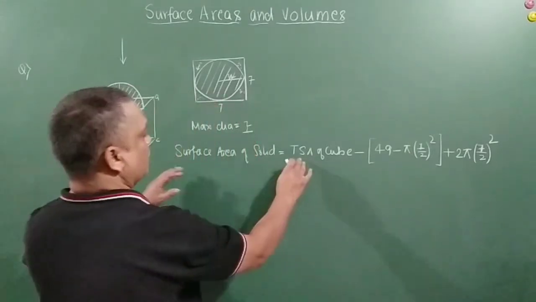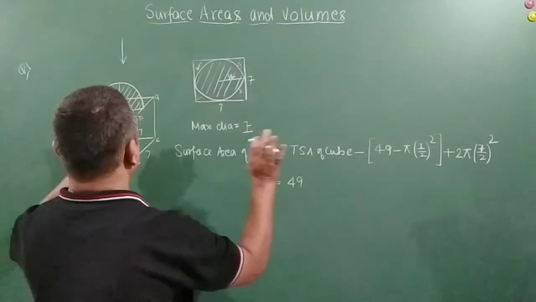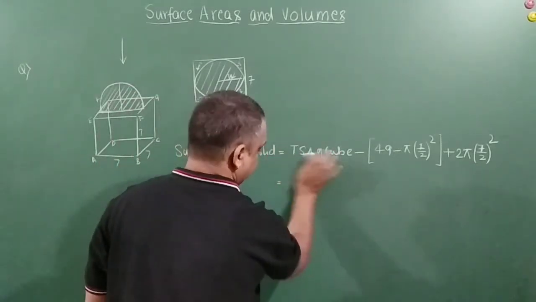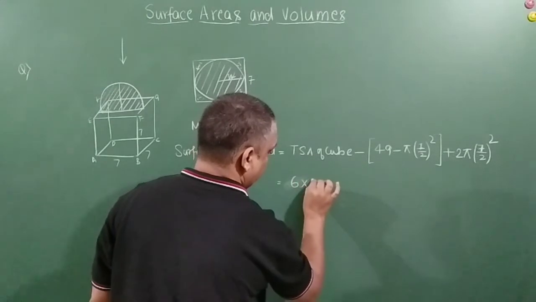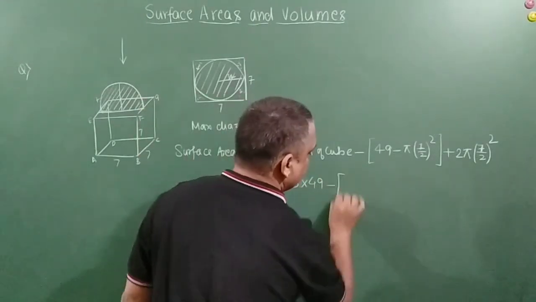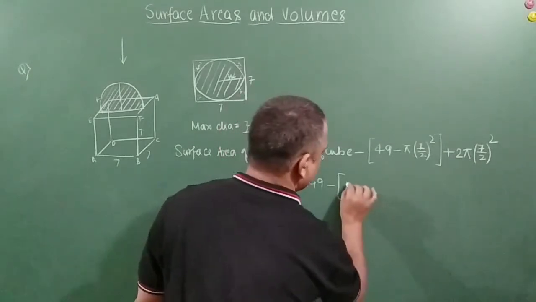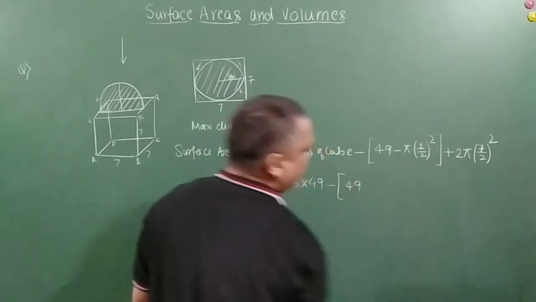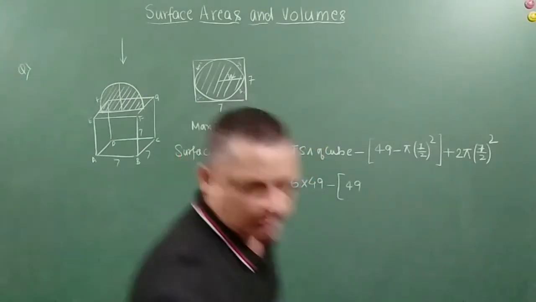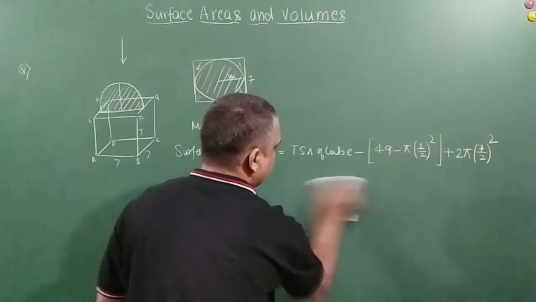Total surface area of cube is 6 L square, 6 into 49, right? Minus, let's try to handle this, 49, or shall I open the bracket? That will help me. Yes, I'll open the bracket.